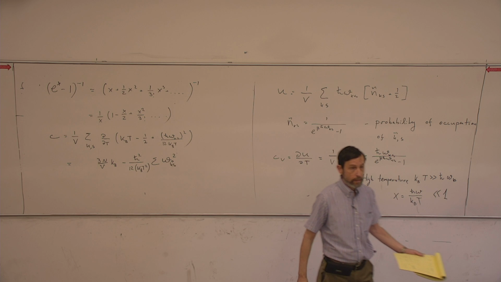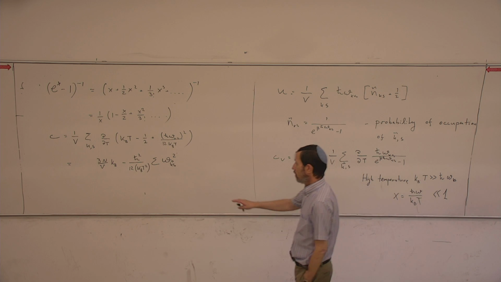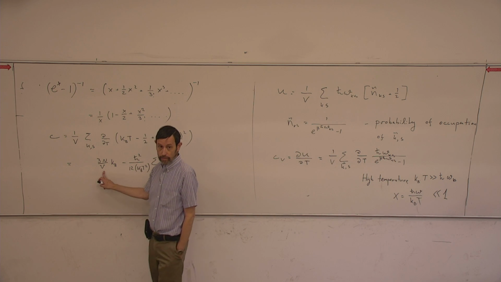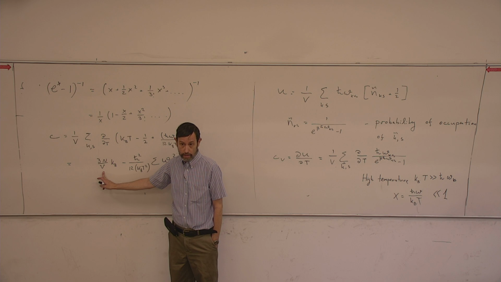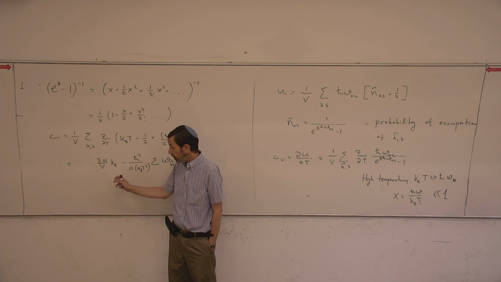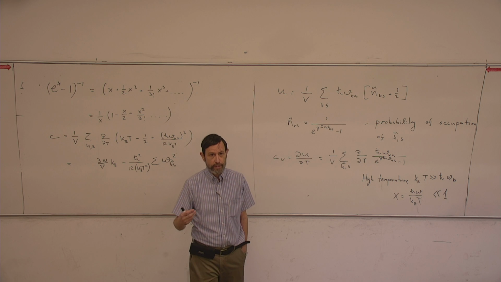So basically, in the first order, we're back to the classical result as we expect, and we can even get the first correction.